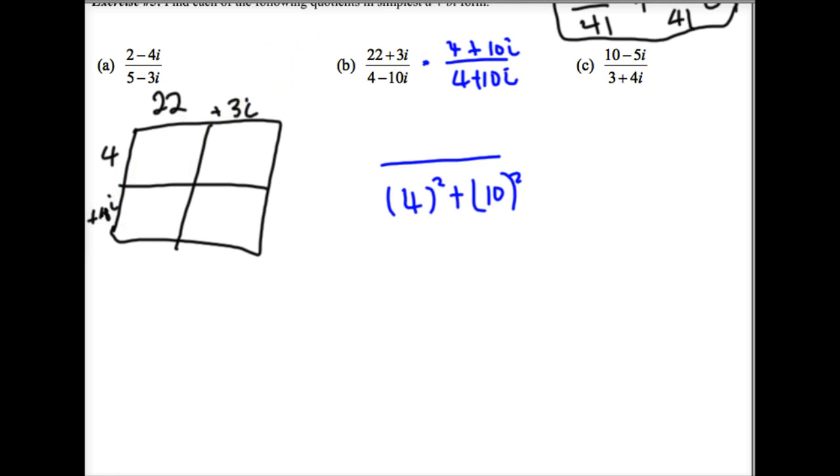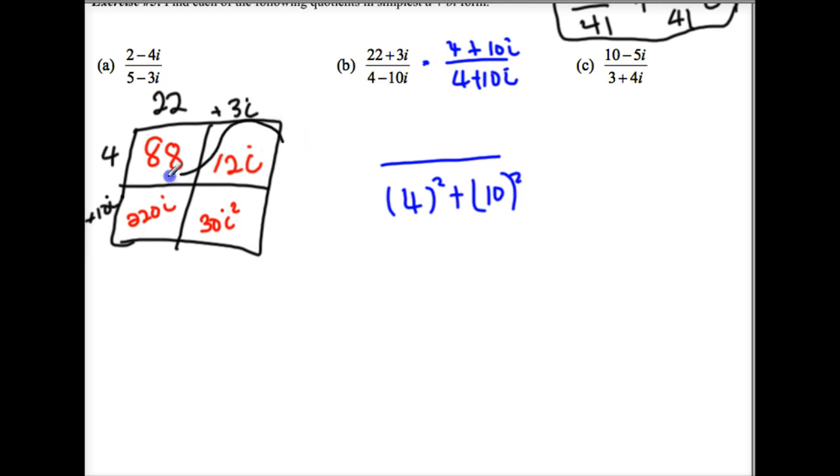So let's fill this in. This becomes 4 times 22 is 88. This becomes 12i. This becomes 220i. And 10 times 3 is 30. i times i is i squared.